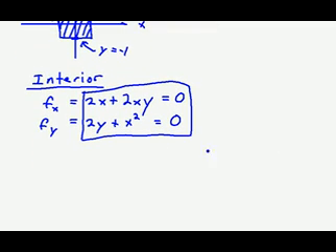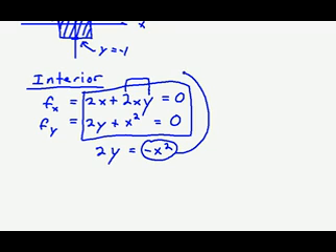So one thing I noticed from this second equation is 2y equals negative x squared. And there's a 2y up here. So if I replace that 2y with negative x squared, that'll give me 2x minus x squared times another x, which is minus x cubed, equals 0.